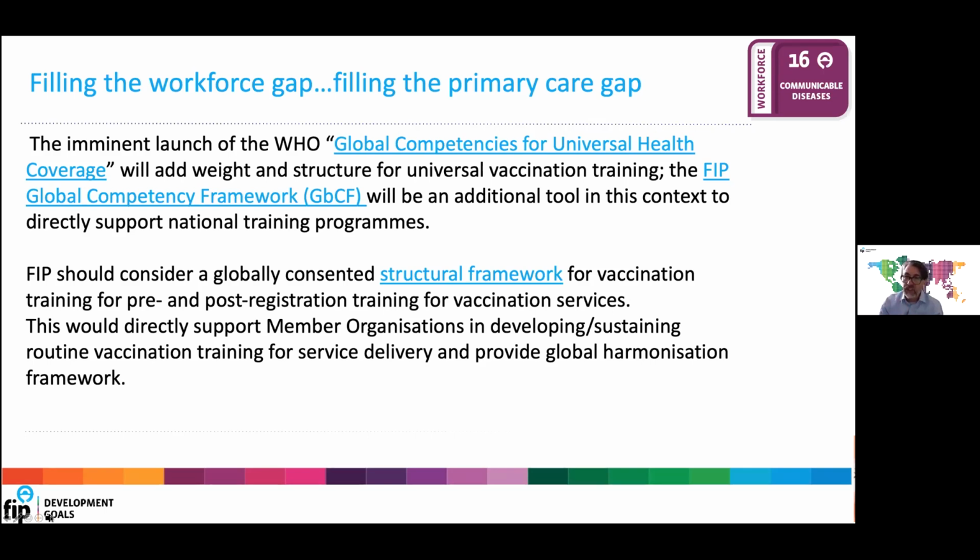And of course, vaccination and immunization and public health is a part of that spectrum of competencies which all our key health workers need. And certainly we will be aligning our FIP global competency framework, that scope of practice framework, to make sure that we are covering these universal health competencies. And we will be actively promoting this and pushing this as a major global policy initiative.